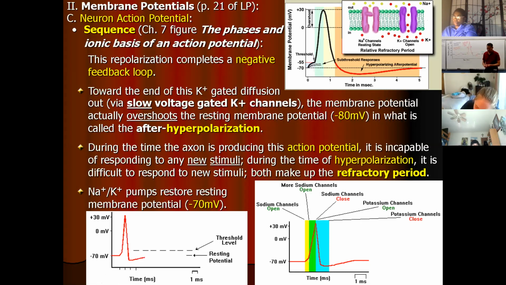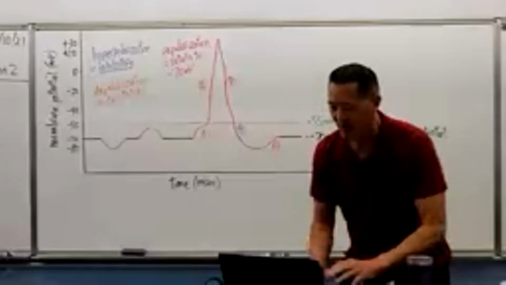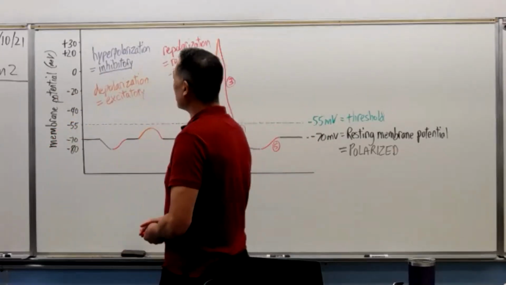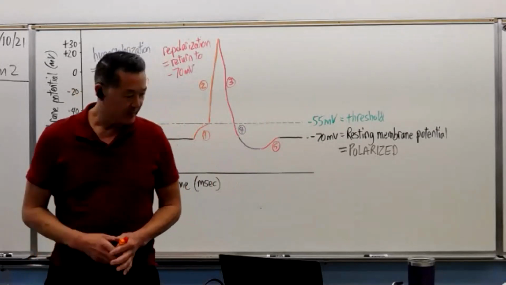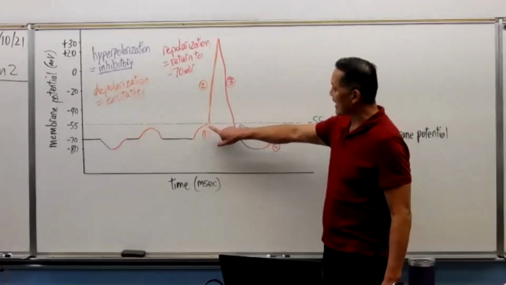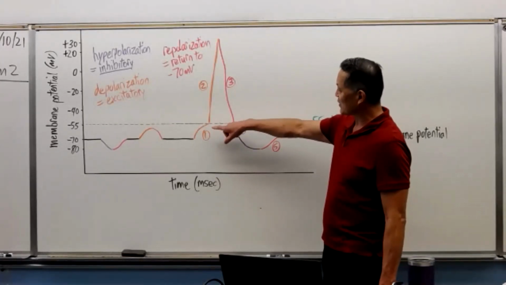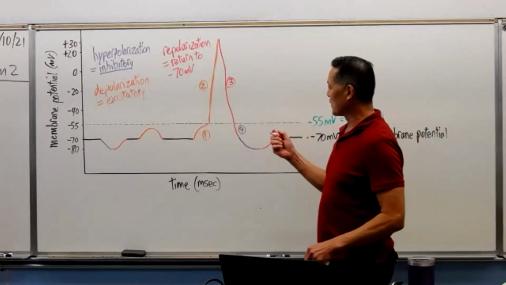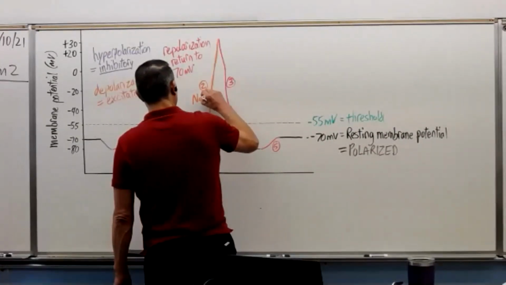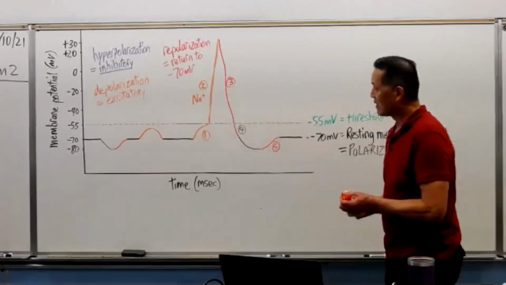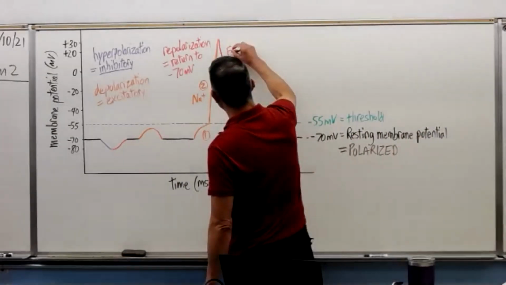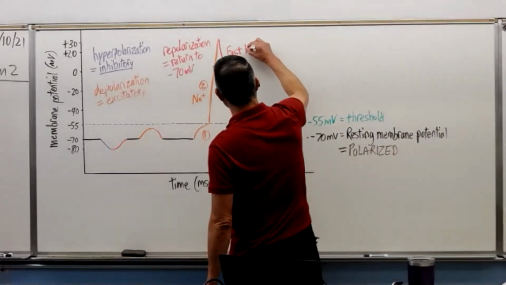Okay, so let me summarize on the whiteboard here. First, you gotta have a depolarizing signal, probably many depolarizing signals, and they all add up to threshold. You hit threshold, boom, it opens up sodium gates. So number 2, the positive feedback loop is about sodium gates. Then once you hit plus 30, you got the fast potassium gates.